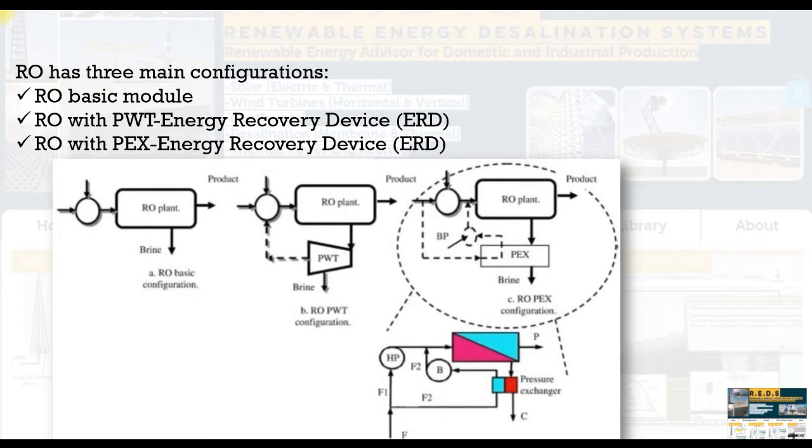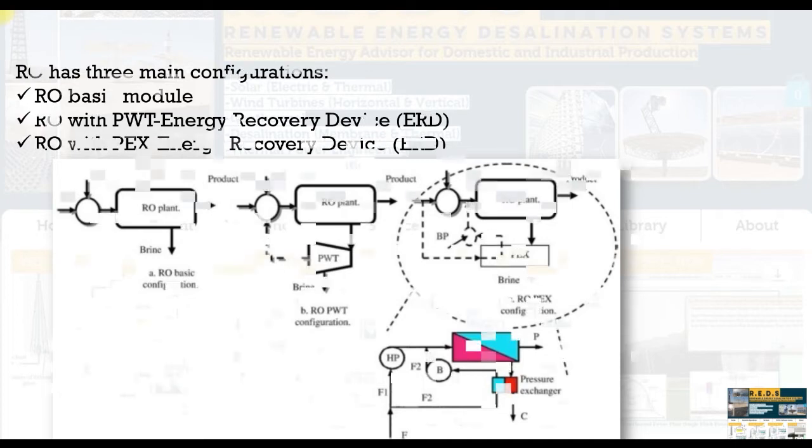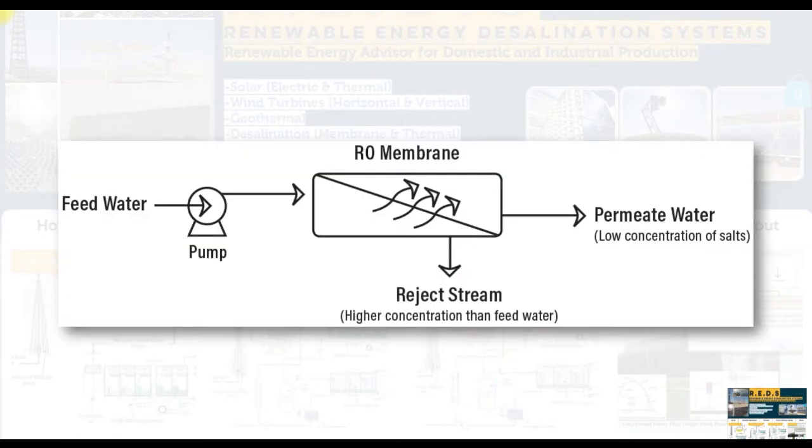Its efficiency, we can talk about 98% or something like this, compared against 80% for the Pelton wheel turbine energy recovery device. For the basic module, it's basic.